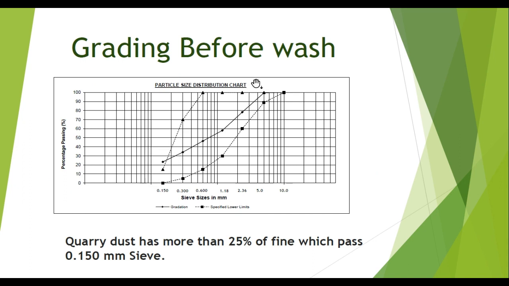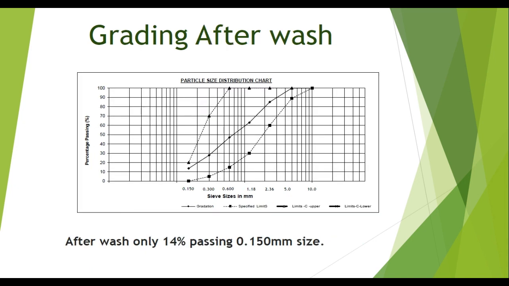In that grading curve, normally 25% fine is there, that is material finer than 0.150 millimeter. After washing, that fine material is reduced to 14%. Then that complies with our specification, which is prescribed in that code.